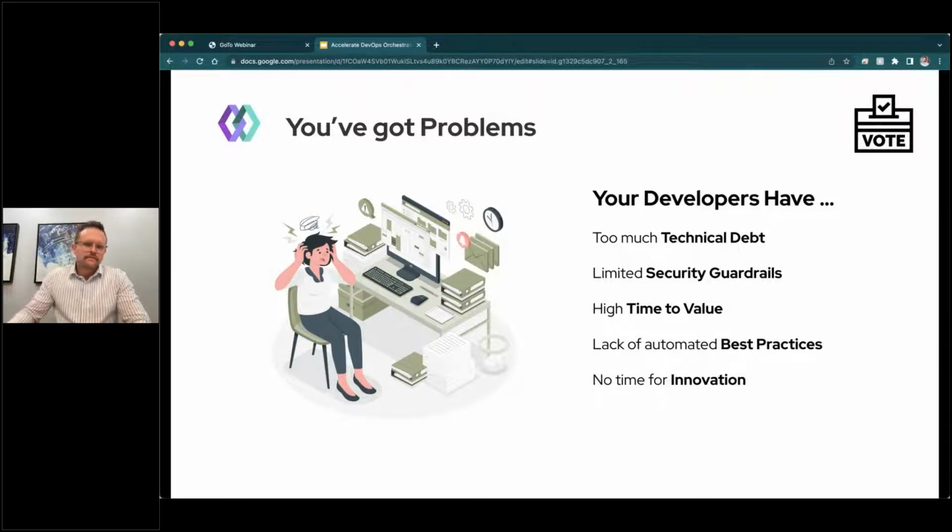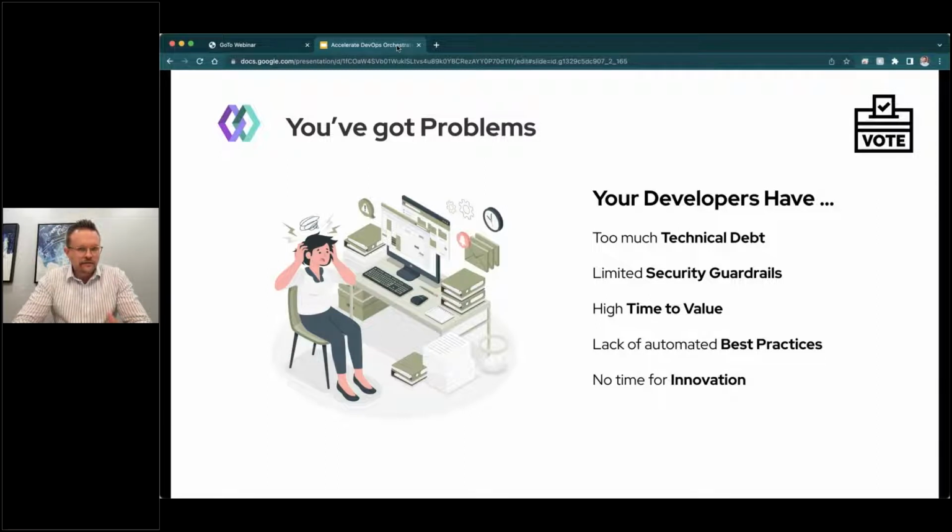Because of the pace at which things are moving, you have some limited security guardrails in the development process. You have a higher time to value. How long does it take to onboard that new developer, et cetera, right? And how quickly can you onboard new team members? What does that time frame look like?